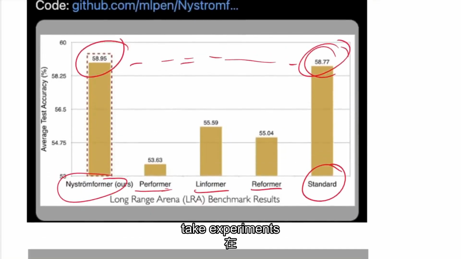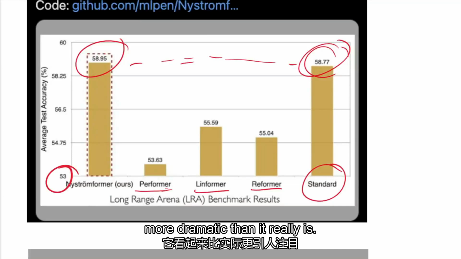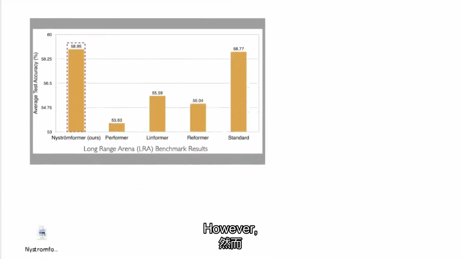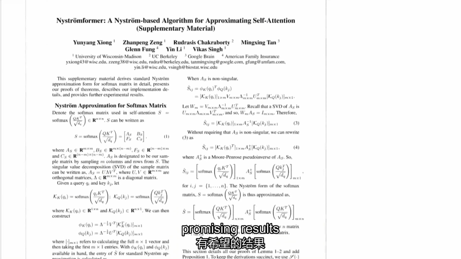As always, take experiments with a grain of salt right here. We don't know yet. Also, this axis isn't centered at 0, so it looks more dramatic than it really is. However, these are promising results.